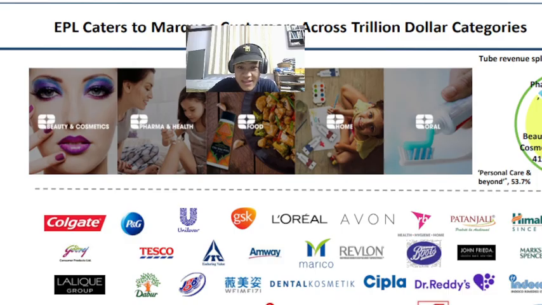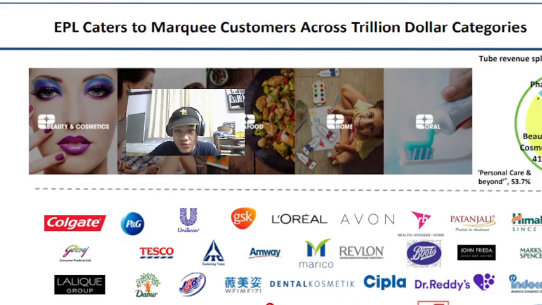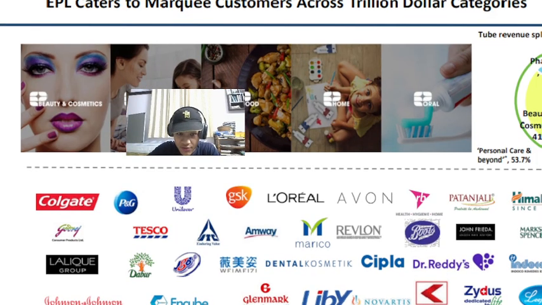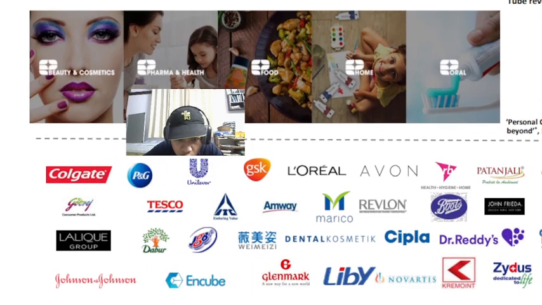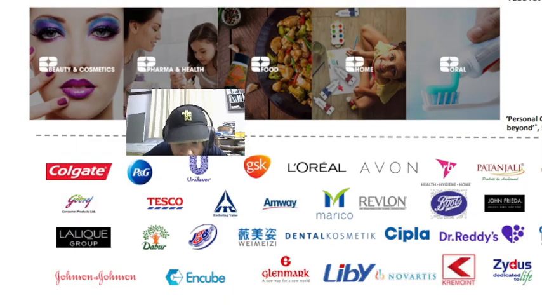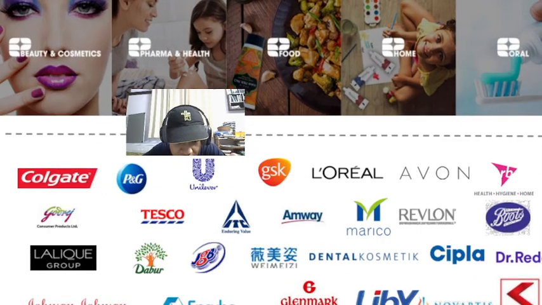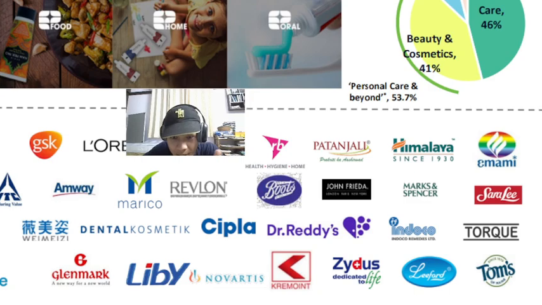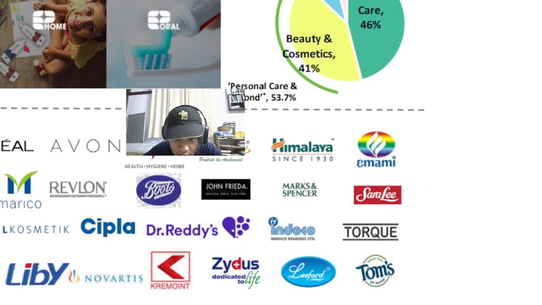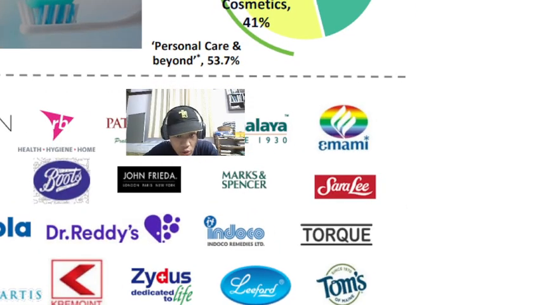Here you can see EPL caters to marquee customers, $1 trillion categories. You have some global names like Unilever, Cipla, Dr. Reddy's, Zydus, Colgate. I believe that's Godrej. We got Dabur, Marico, L'Oreal, Patanjali. Nice. Himalaya, Emami, Leaford, and Novartis.